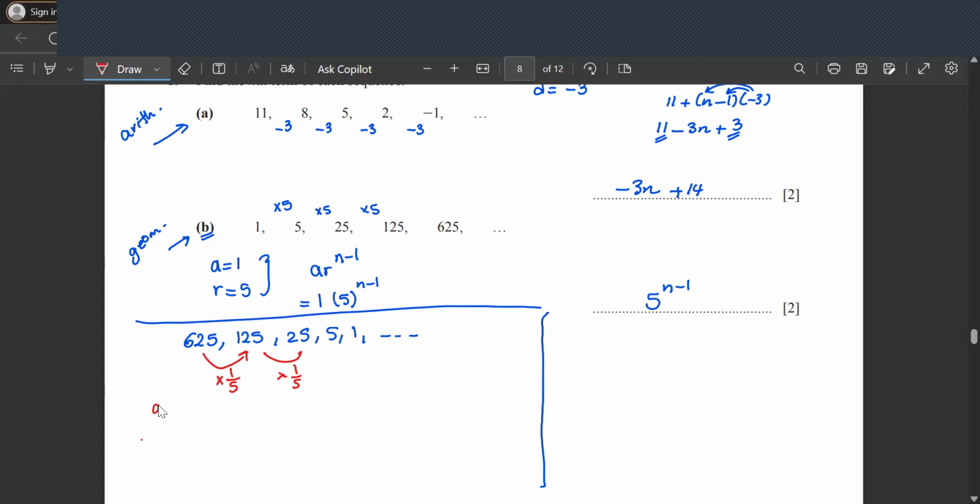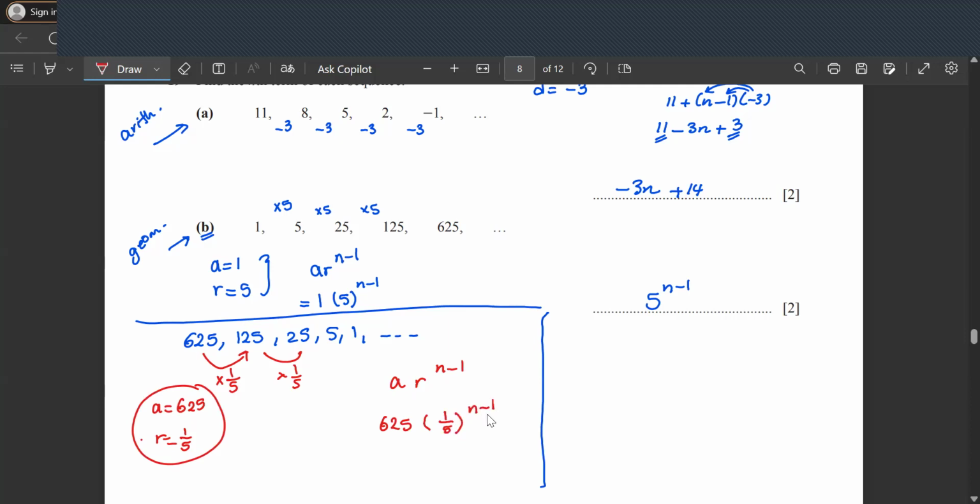So here, A equals 625 and R equals 1 over 5. Write the rule, which is A R^(n-1). So A is 625, open bracket, and write 1 over 5 to the power n minus 1.